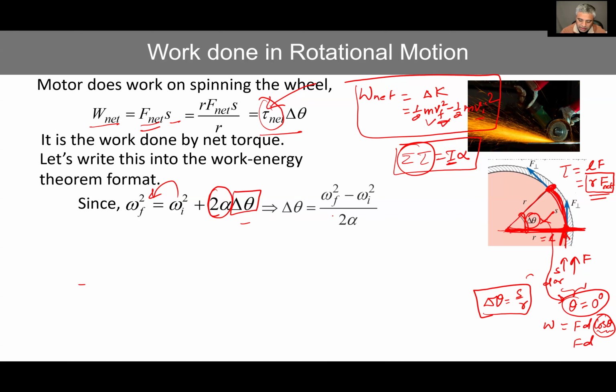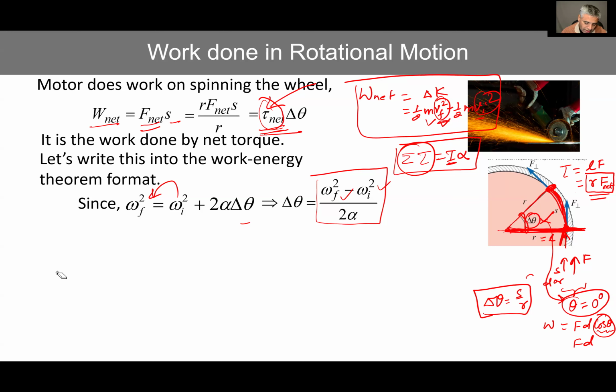So that is what I am doing here. Okay. So now I have delta theta in terms of omega squared. Hey, that looks like a speed squared. That's great. So all we need to do next is to get rid of this torque to get the rotational inertia using this equation. And that's what I'm writing here.